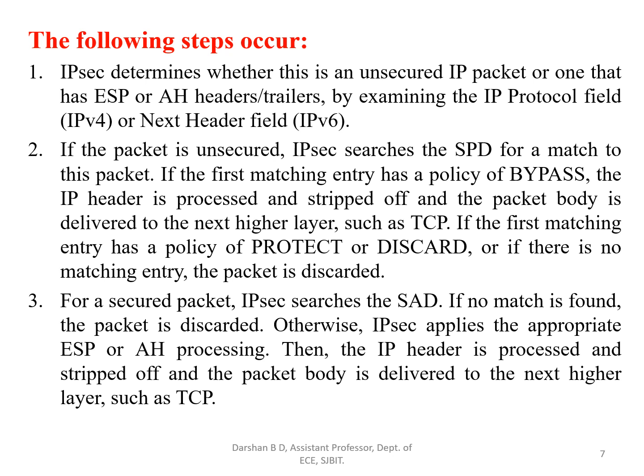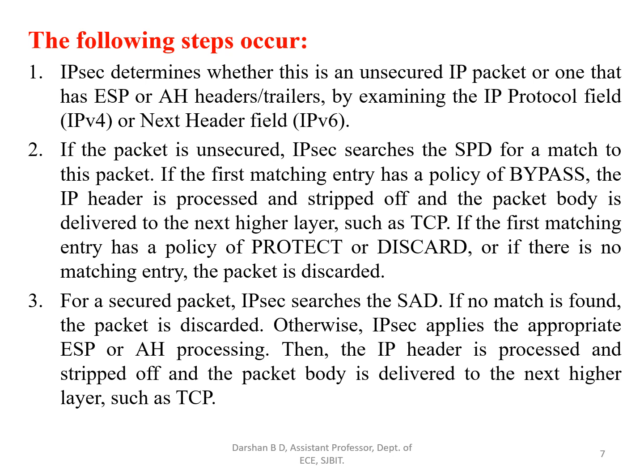First, IP security determines whether this is an unsecured IP packet or one that has an ESP or AH header or trailer, by examining the IP protocol field in IPv4 or the next header field in IPv6. Next, if the packet is unsecured, IP security searches the security policy database for a match to this packet.